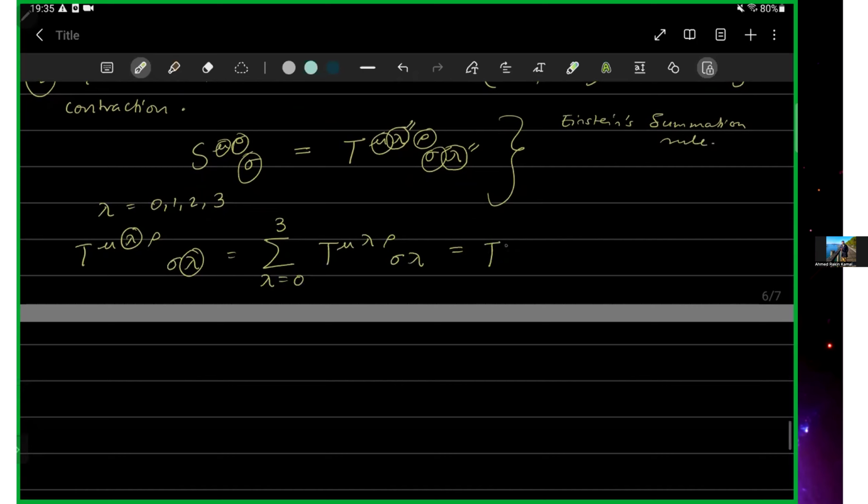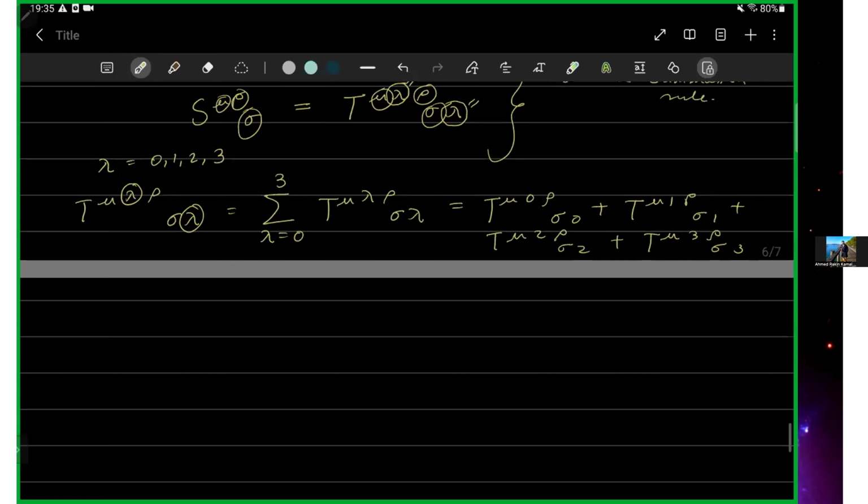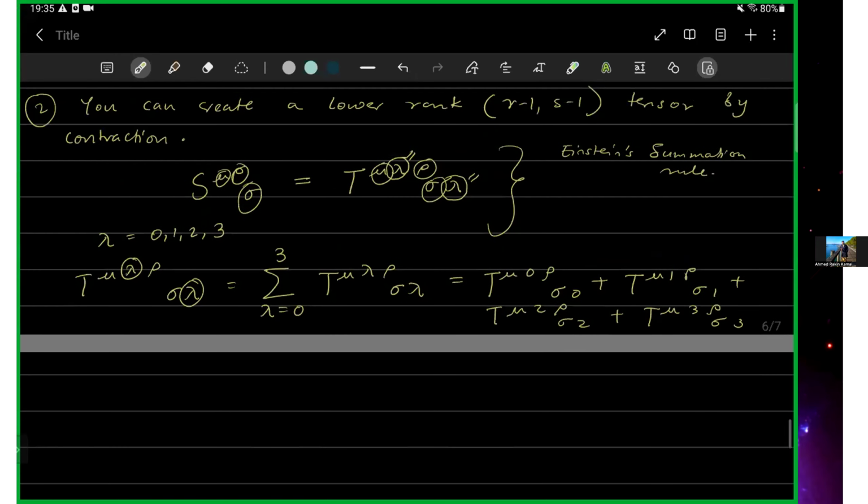It would give you T mu 0 rho sigma 0 plus T mu 1 rho sigma 1 plus T mu 2 rho sigma 2, and finally T mu 3 rho sigma 3. Okay, so whenever we have a summation as such, we call it an Einstein summation.